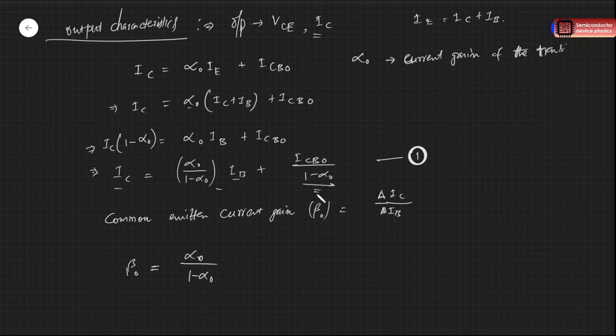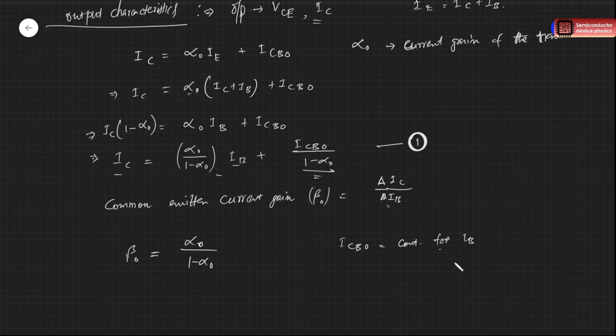This term is constant with respect to IB, so beta naught is alpha naught by 1 minus alpha naught, considering ICBO is constant for a constant IB.